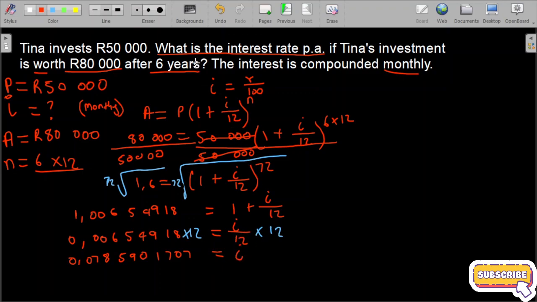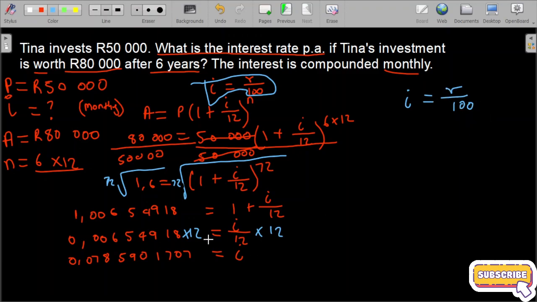Now, very important thing that I've said to you here, remember that I is equal to R all over 100. So what I'm going to do here, I'm going to substitute this into this, because I is equal to R all over 100.